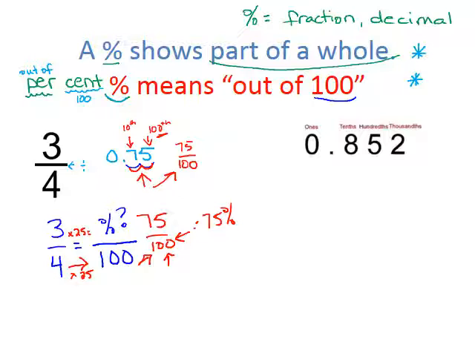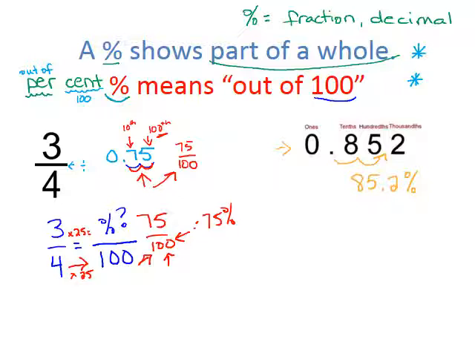This is where we get into percents that have a fraction within them or a decimal within them. If we see this on our calculator, 0.852, if we want to express that as a percent, using the skill that we just talked about, you'd move your decimal 2 places, okay? And you're looking at 85.2%.